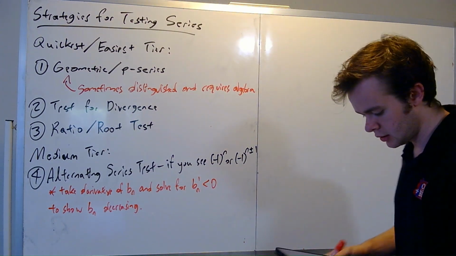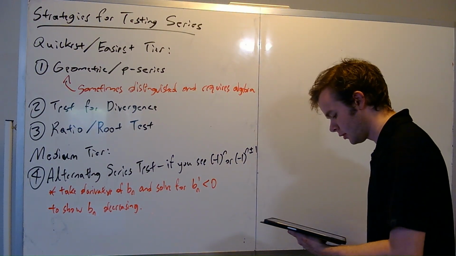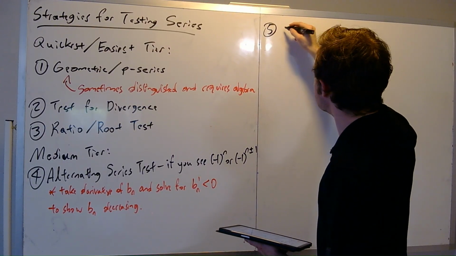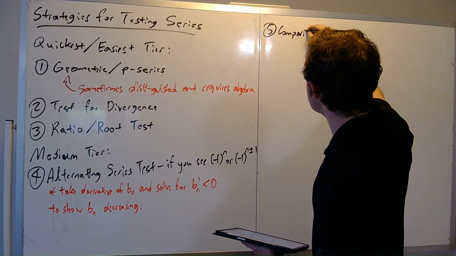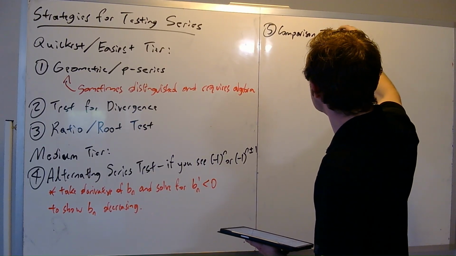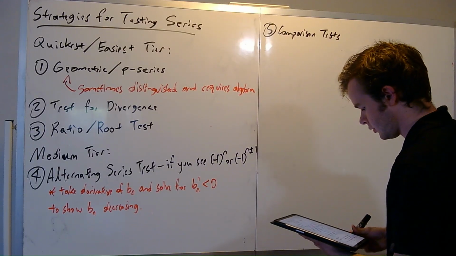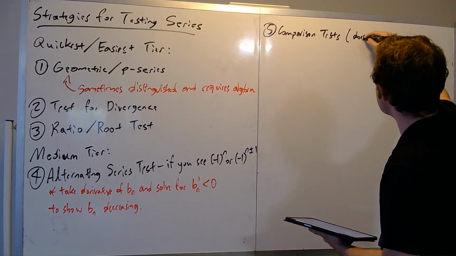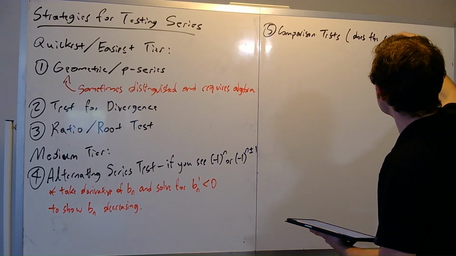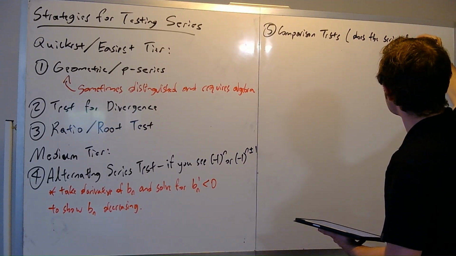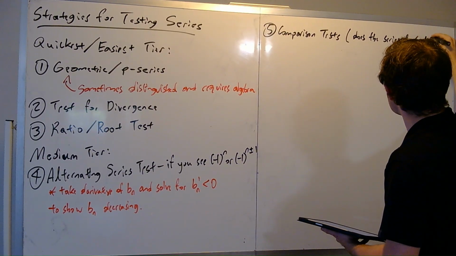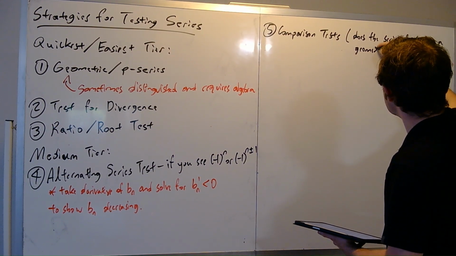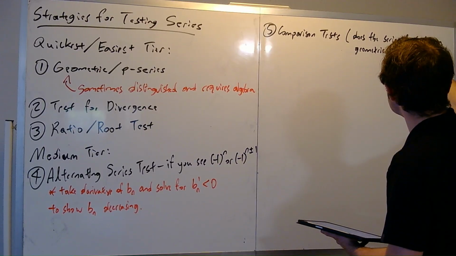Okay. And the fifth tool that we have to use, so number 5, is going to say the comparison tests. So here we're asking, does the series look like a geometric or p-series?